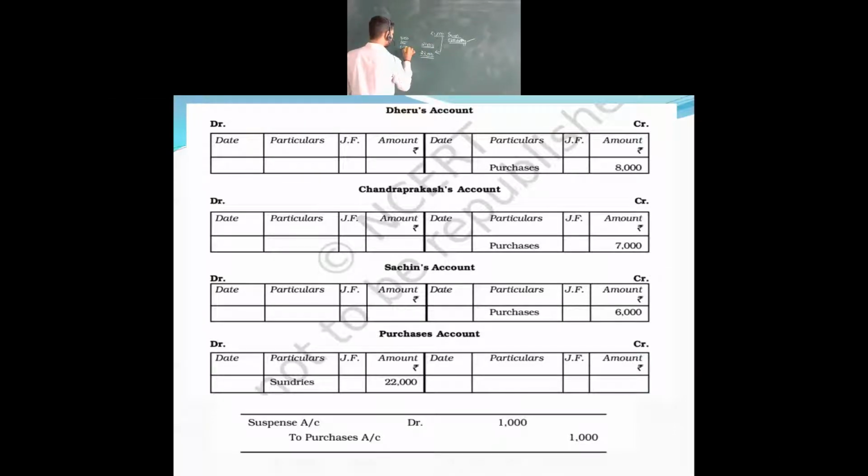If we total this, it will be 21,000. This is the correct entry. But in the purchase account, the sundry total was taken as 22,000. So here 1,000 is excess. That you are going to remove from the purchase account. So the suspense account entry is told here. How is it?